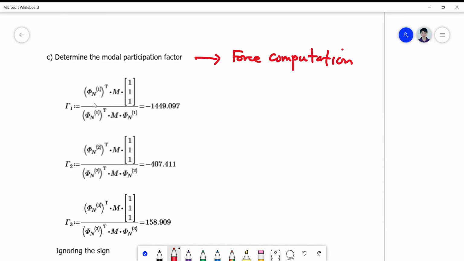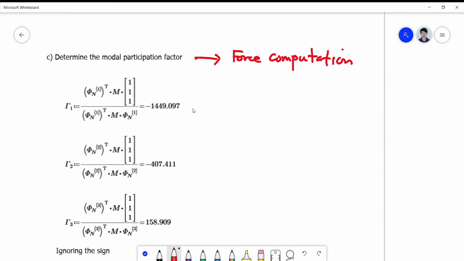Okay, so you just have phi transpose m identity equal to phi all over phi transpose m phi. So you are just trying to obtain a factor that will normalize your equation into an identity or an orthogonal equation, and these are the factors obtained from the first vector, the second vector, and the third vector.